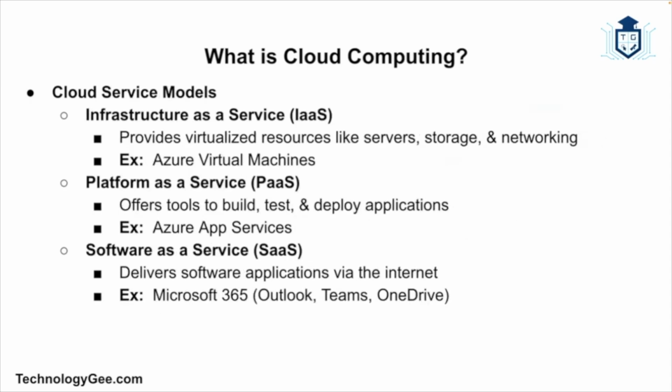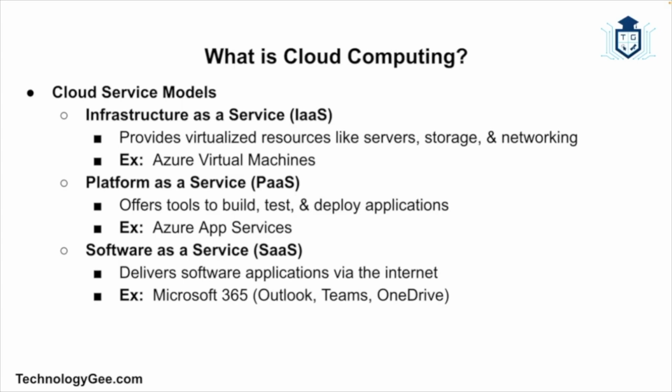Next, let's talk about cloud service types. Cloud computing is typically categorized into three primary service models. The first one is infrastructure as a service, and this provides virtualized computing resources such as servers, storage, and networking. An example of this will be Azure Virtual Machines. We have what is called platform as a service.